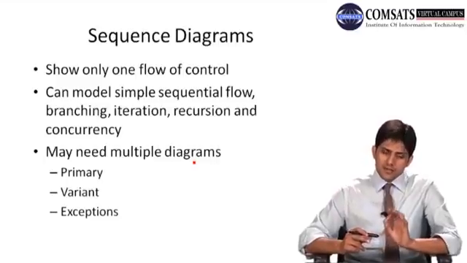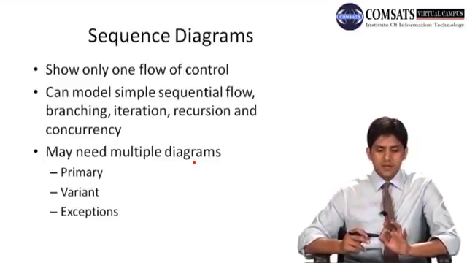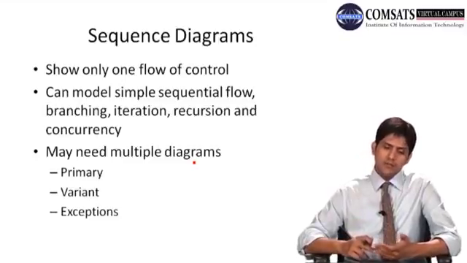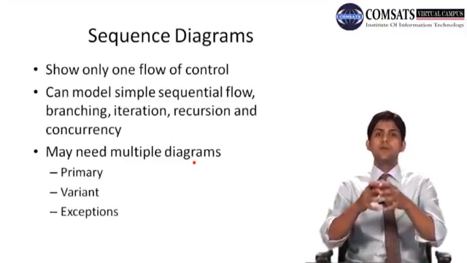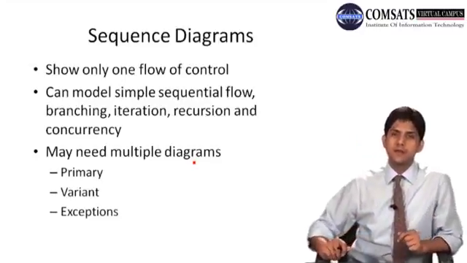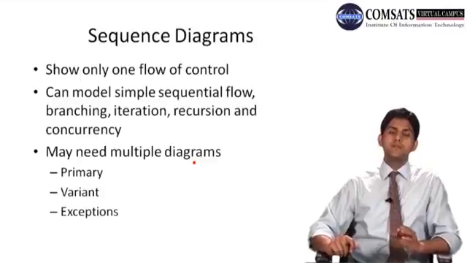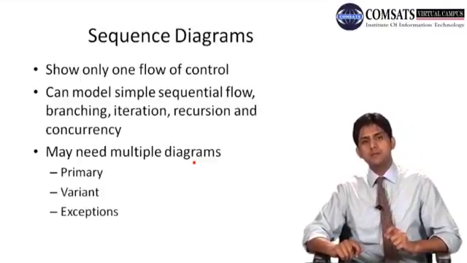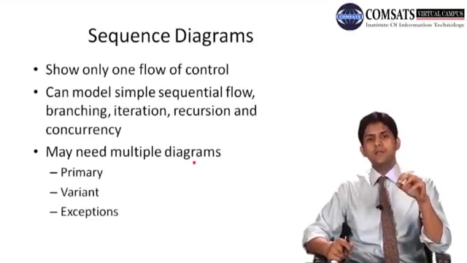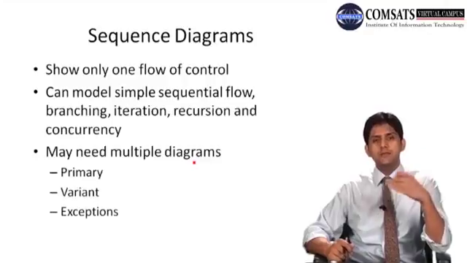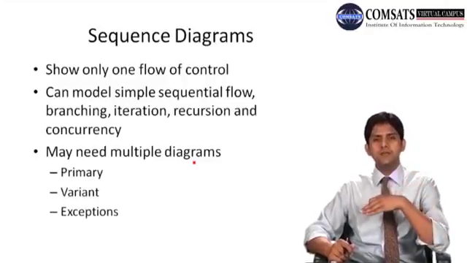Another interesting thing is that a system sequence diagram may need multiple diagrams. One we can call primary, one we can call variant, or we can have exceptions. For a given scenario, we can have multiple system sequence diagrams, because within a use case we have alternate courses of action, and we can either draw them within the same system sequence diagram or have a different one.